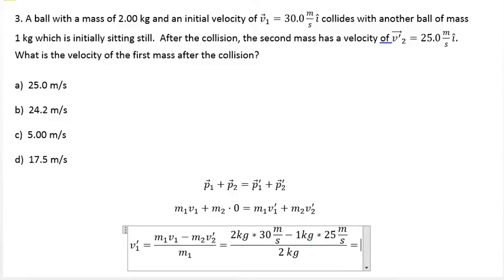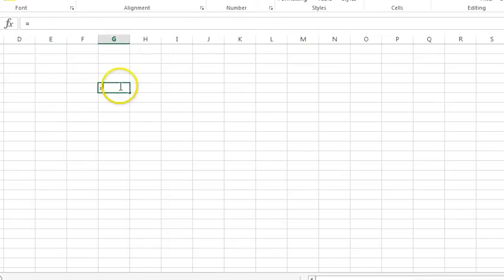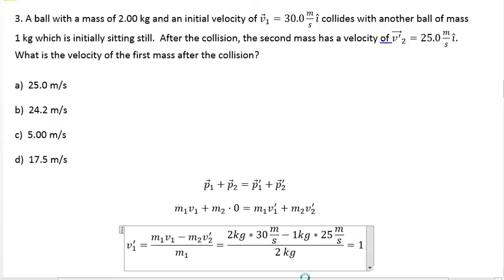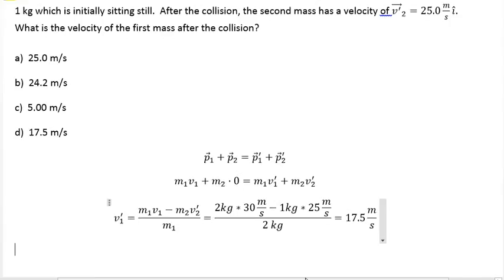Okay, go back to Excel. 2 times 30 minus 25, over 2, and I get 17.5 meters per second. All right, there you go. That's the velocity of the first mass after the collision.